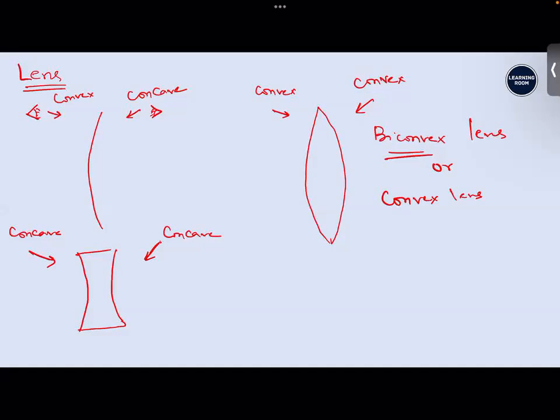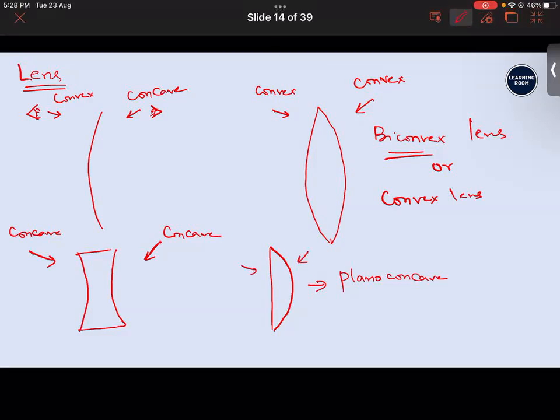Okay. Suppose I have a plane side and a side which is bent like this. What do I call this? This can be called plano concave. This side is plano, correct? It's called plano convex.